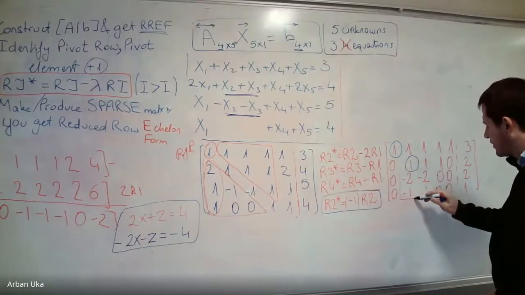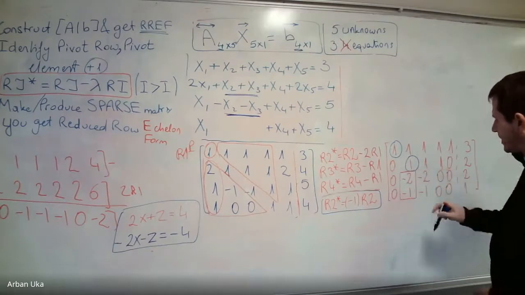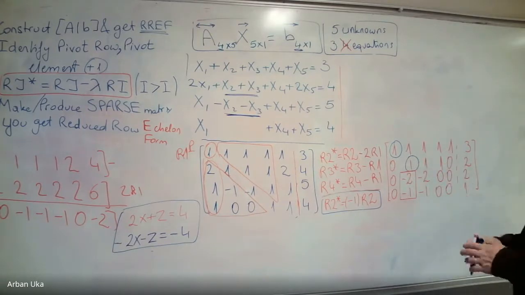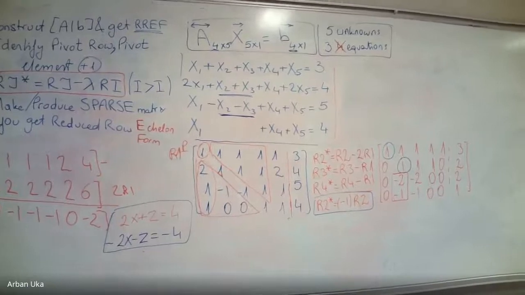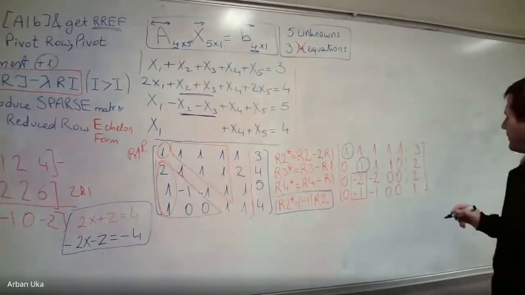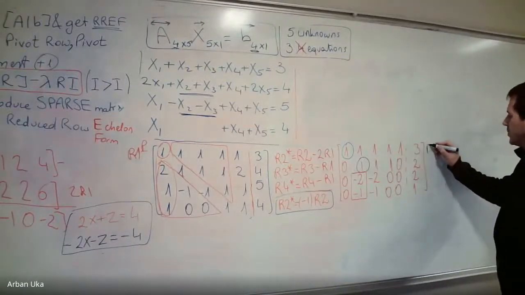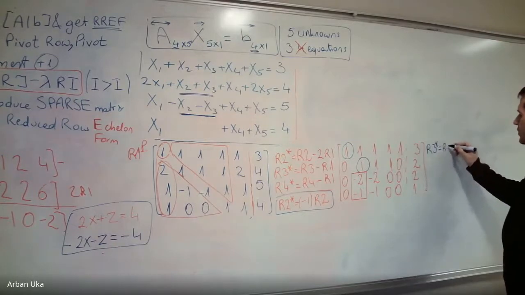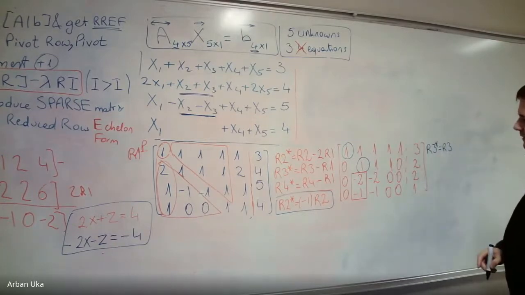Yes. So let's write this carefully. Using this one, we want to make these zeros. How can we do it? We can write these equations. So we can say that row 3 star can be equal to row 3, then what?